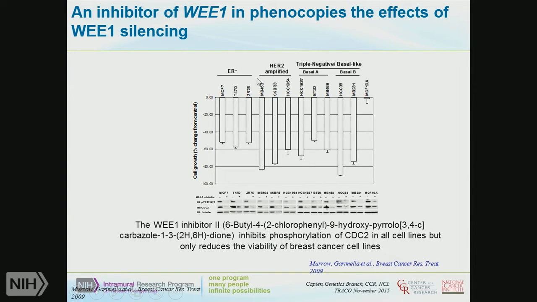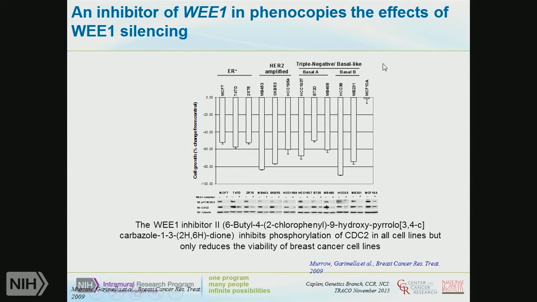What was important is we could phenocopy this with a WEE1 inhibitor, which was seen here, and we could extend this now to multiple different breast cancer cell lines representing multiple different genetic variants of breast cancer.